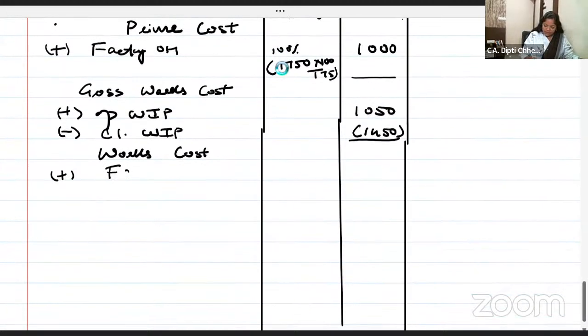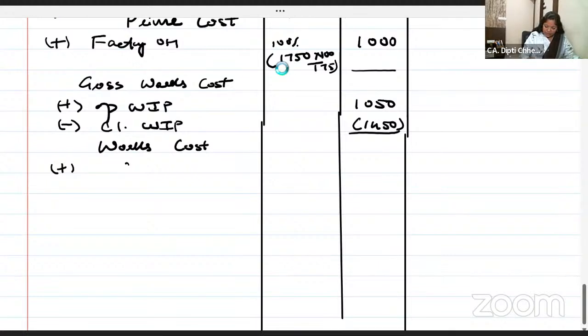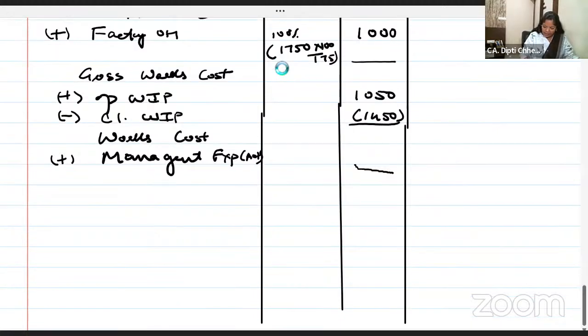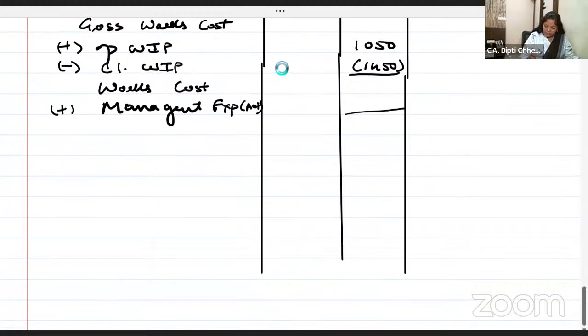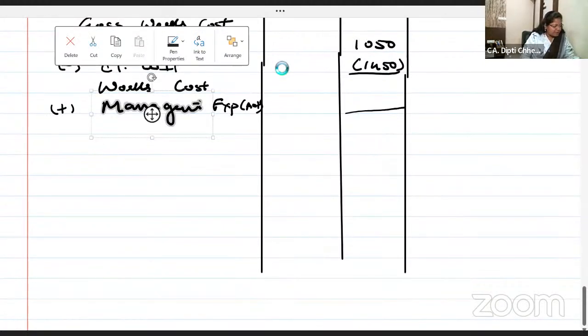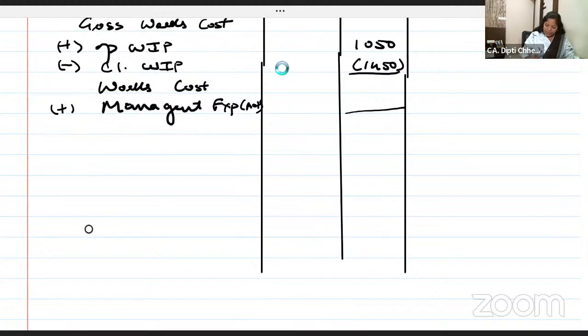You got the works cost. This time we will take management expenses as admin expenses here. We can't know the amount right now. So you will get the management expenses or admin expenses and you will get the cost of production.